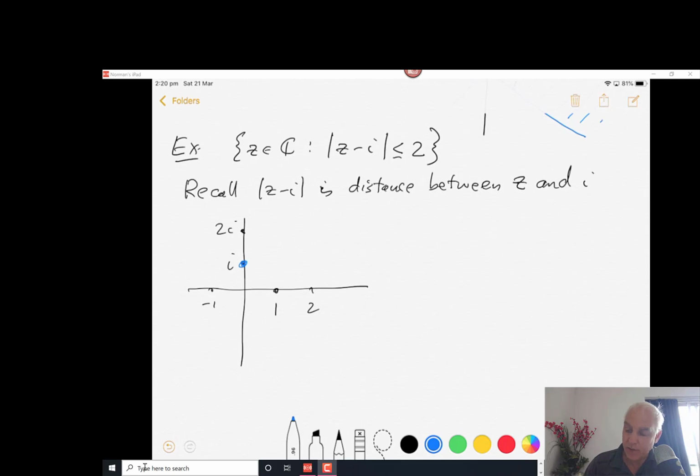That's a circle that's going to be centered here. So we have to draw a circle of radius 2. So we could go up to there. That'd be radius 2. And so this would be a circle, something like this. Okay. And we're talking about the points whose distance is less than or equal to 2. So it's the boundary of the circle together with its interior.